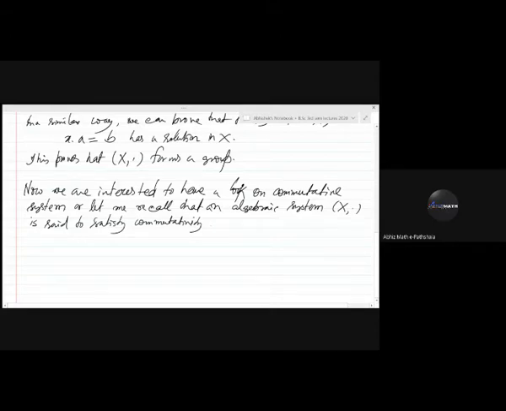If for all a, b belonging to X, a dot b equals b dot a. So if you make a flip, then it will not change.